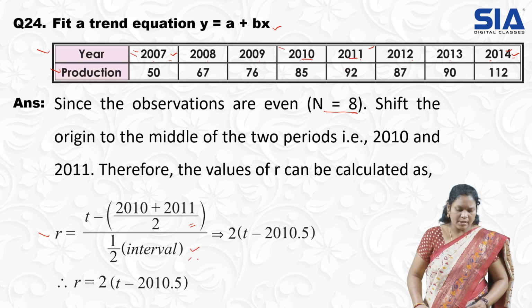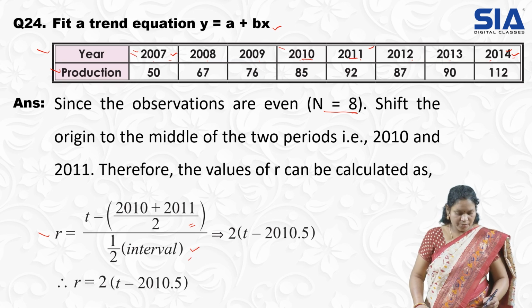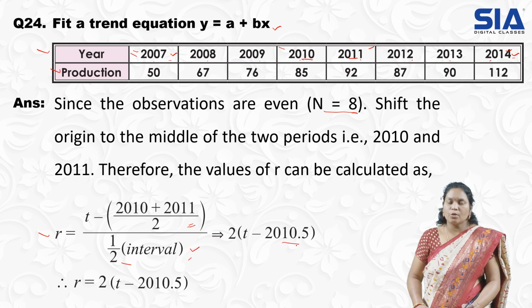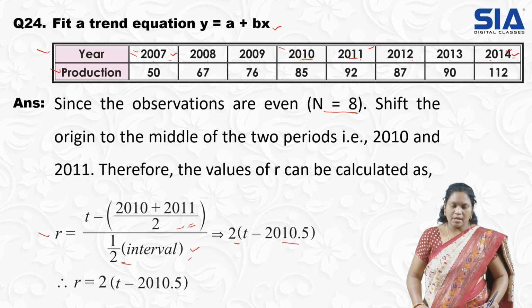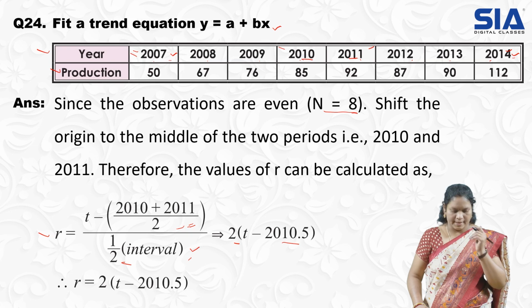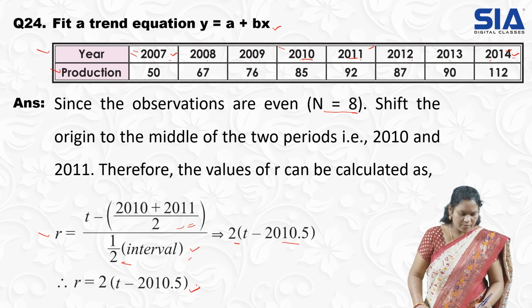Taking the 2 upstairs and the LCM, we get x is equal to 2 into T minus 2010.5, meaning 2010 with half a year added. So this becomes the formula.